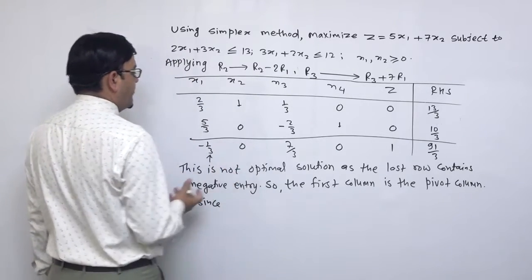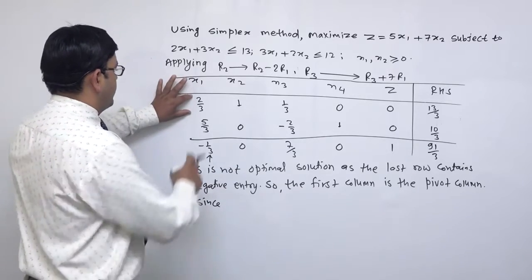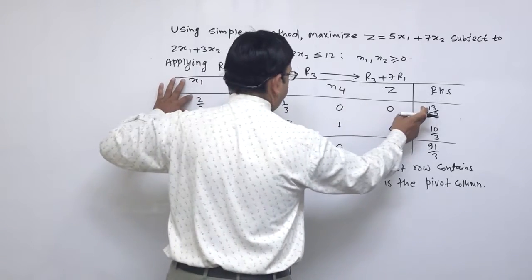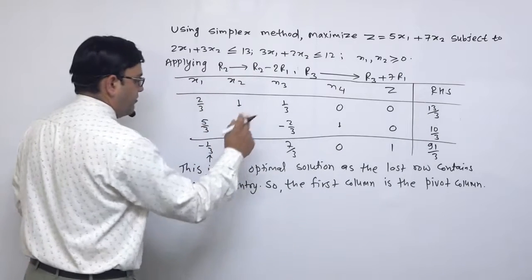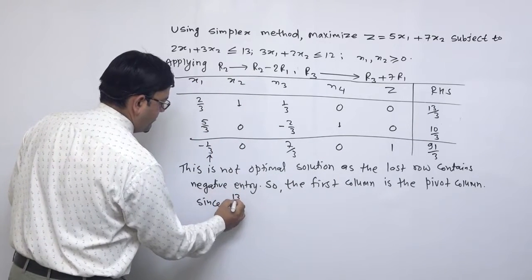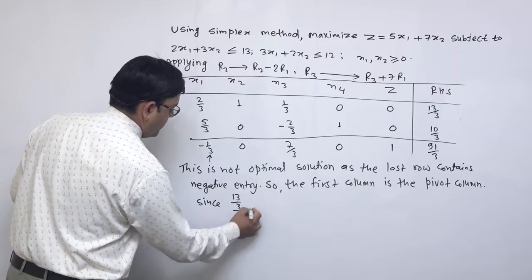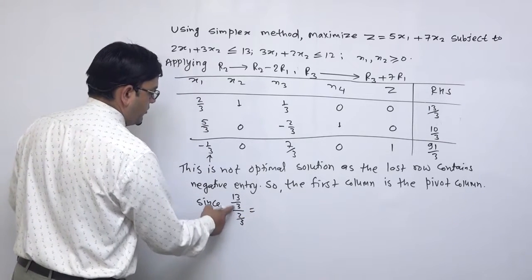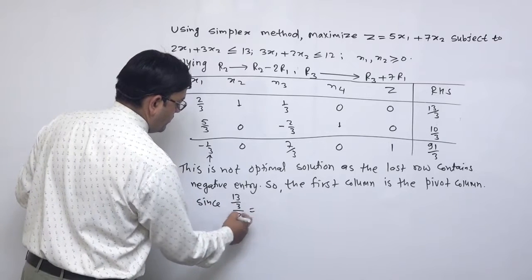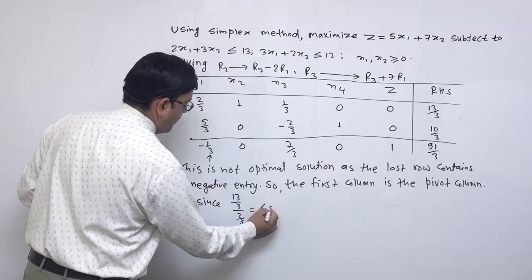Now we have to find the ratio, this divided by this, so 13/3 divided by 2/3 is equals to, 3 cancel, 13/2 means 6.5.